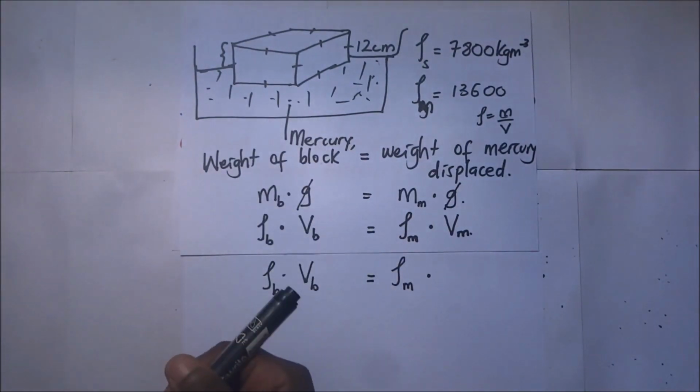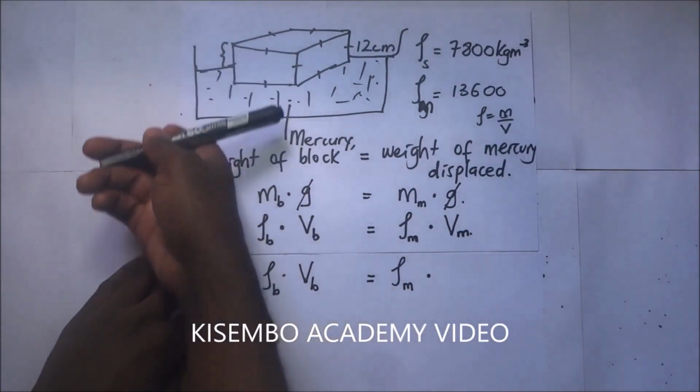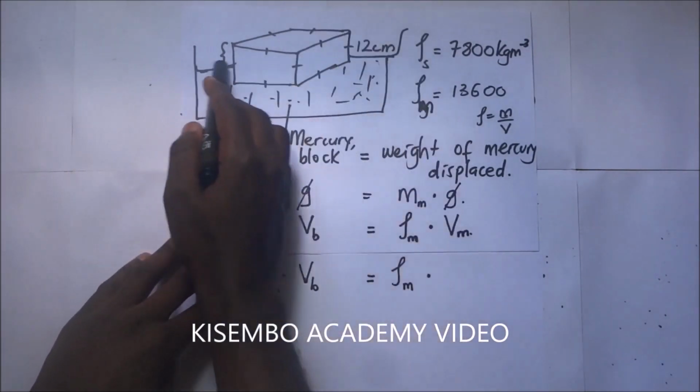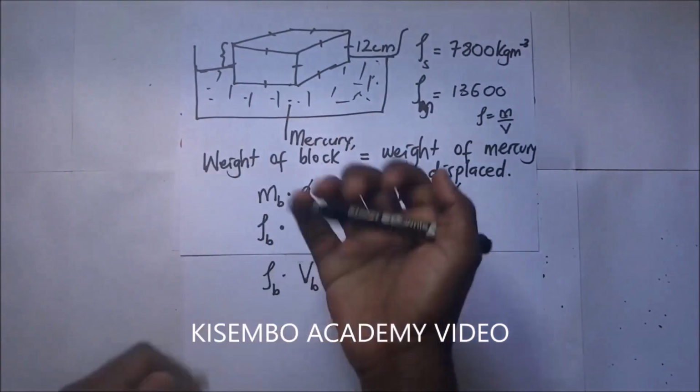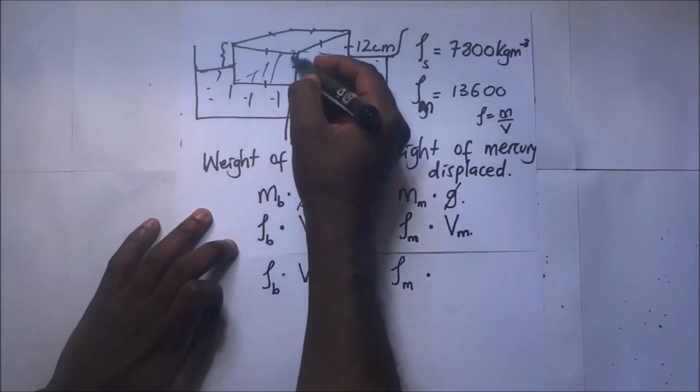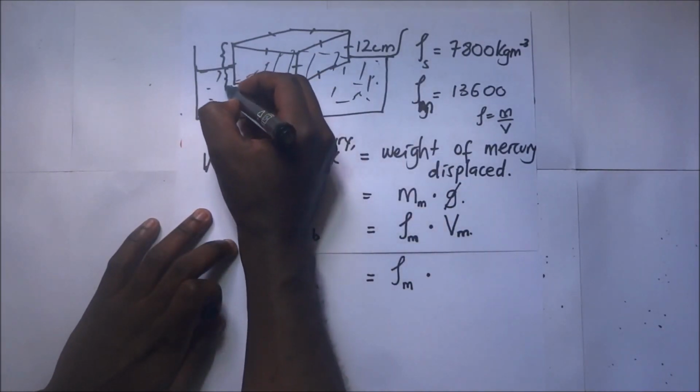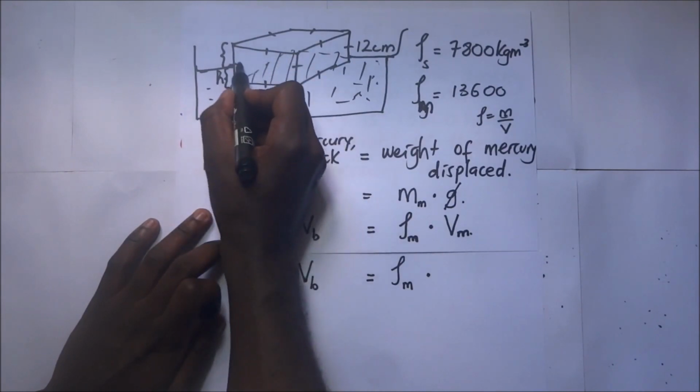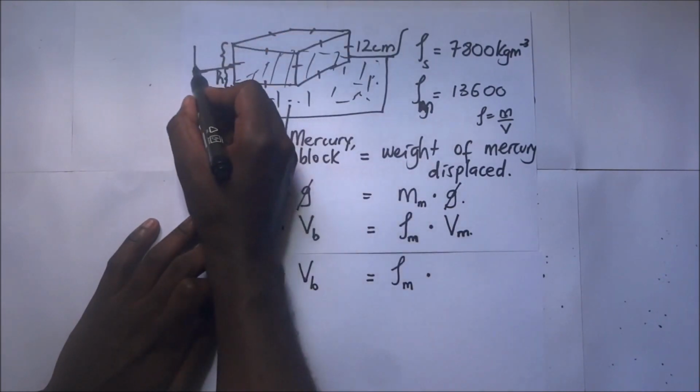So to find the volume that has actually displaced or that has gone into the surface of this mercury level, it is as simple as getting the cross-sectional area of this cuboid, multiplied by the height that has sunk into the surface of mercury.